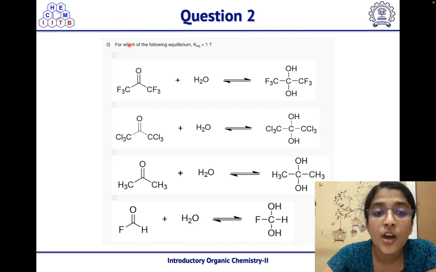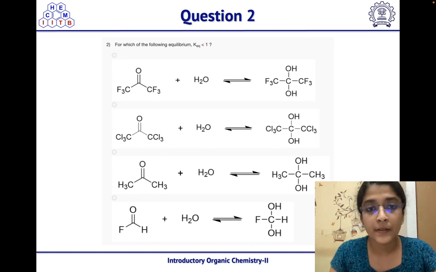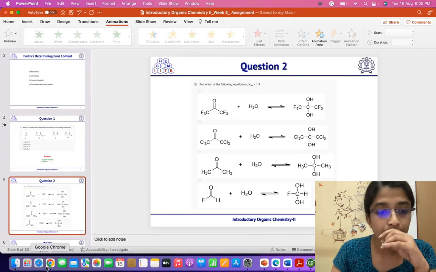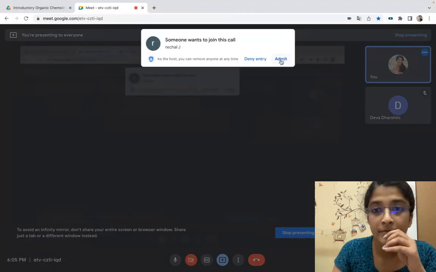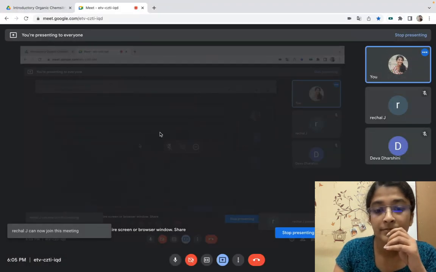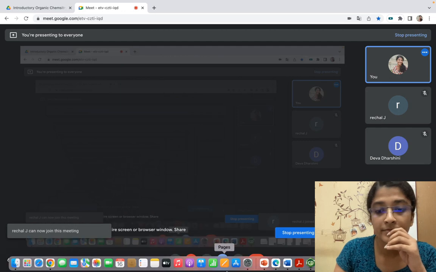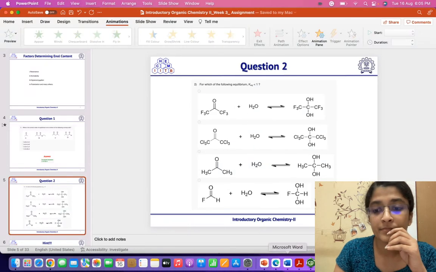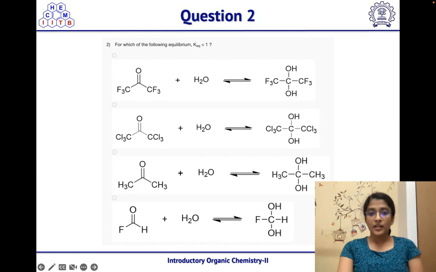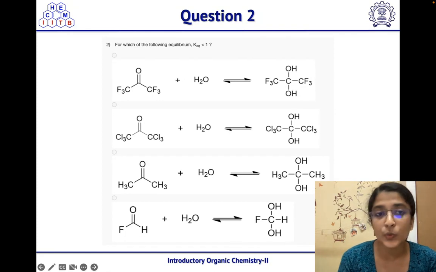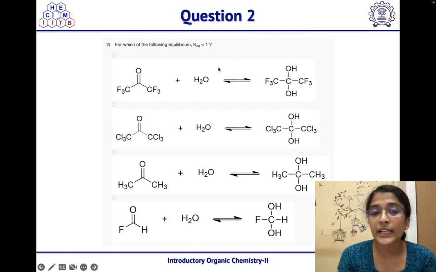Here they are asking for which of the following equilibria the KEQ is less than 1.